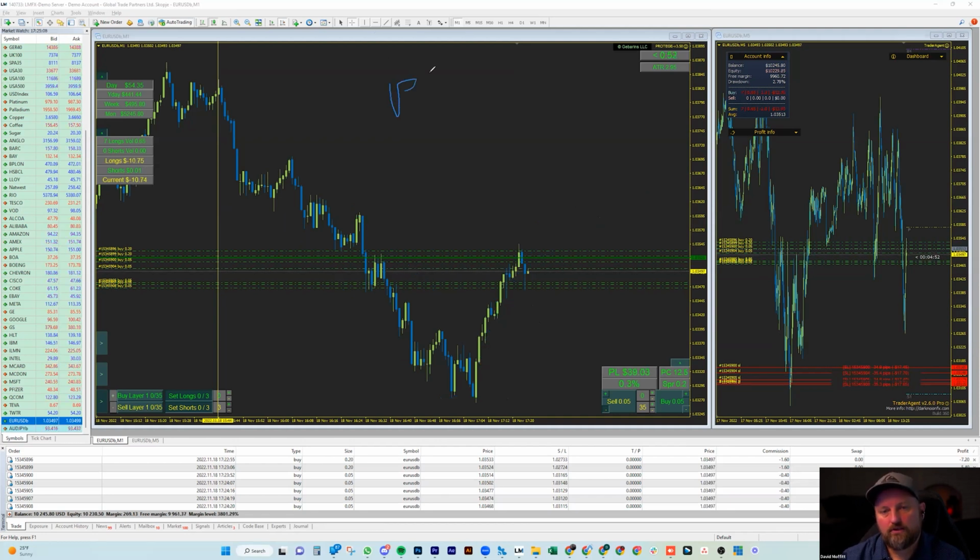So again, this goes back to plan A and plan B. Plan A, I'm obviously set up for a channel run. Plan B is it crosses this right here. Just get out of these trades and start working into some sells for the test down, right?